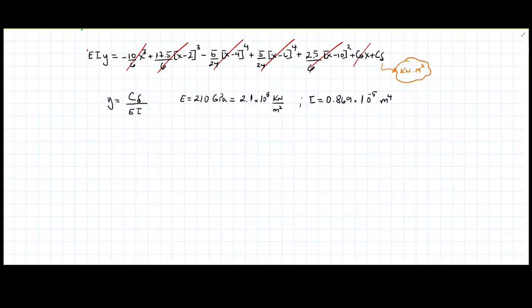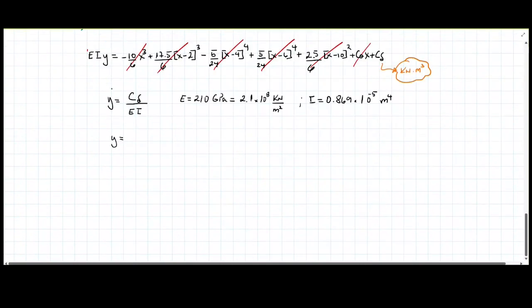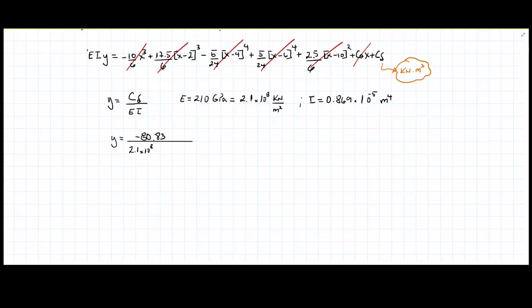Then when you put everything together, you're going to have that y equals this C sigma, which was minus 80.83, divided by 2.1 times 10 to the power of 8, and then times 0.869 times 10 to the power of minus 5.